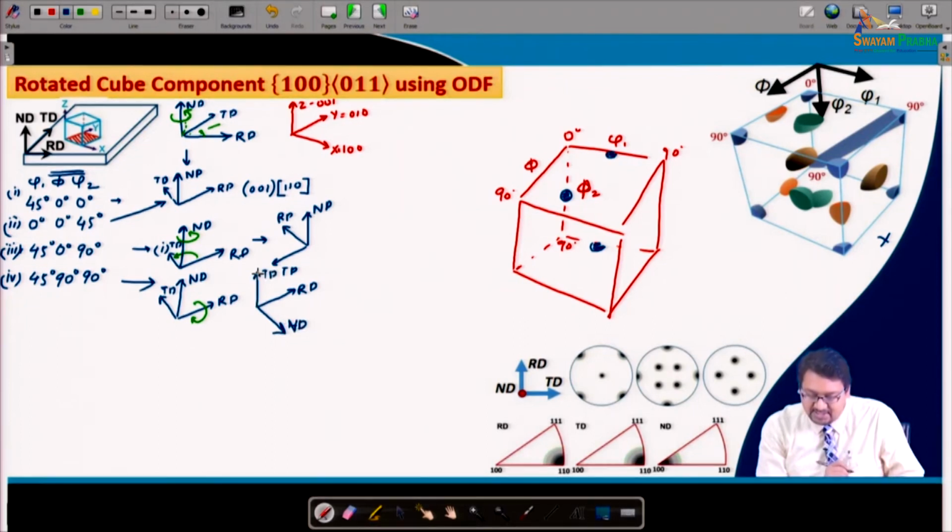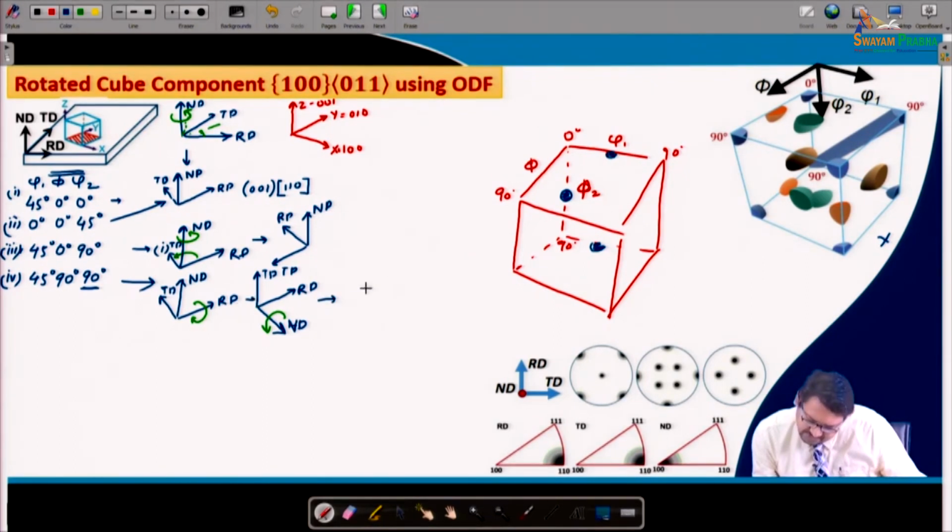So, this is the 90 degree rotation, and then if we rotate again along N d by phi 2 equal to 90, using the right hand thumb rule, R d will become here and T d will become here and N d here.